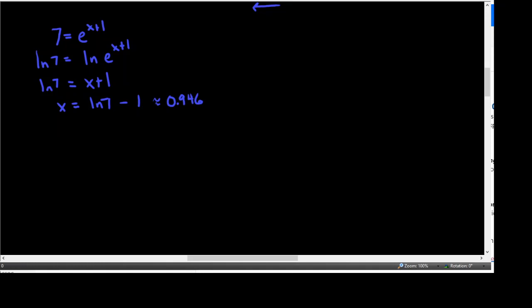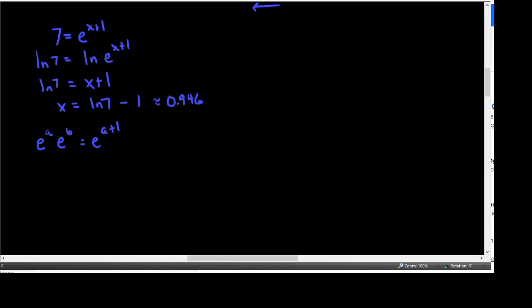So all of the rules that you learned about powers apply here. If you have an exponential function, if a and b are real numbers, then if you are multiplying powers with the same base, even if it's e, you keep the base and add the exponents.